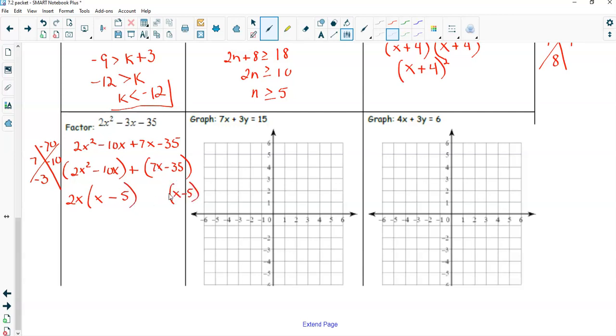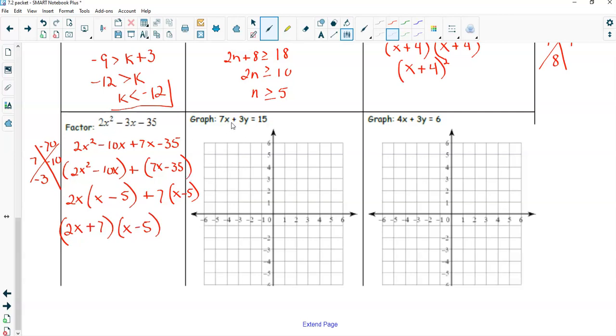And then 7x divided by x is 7, so plus 7. 7 times x is 7x. 7 times negative 5 is negative 35. So now what are my factors? My factors are 2x plus 7, the two outside numbers, and the other one is x minus 5. Okay, pretty simple.